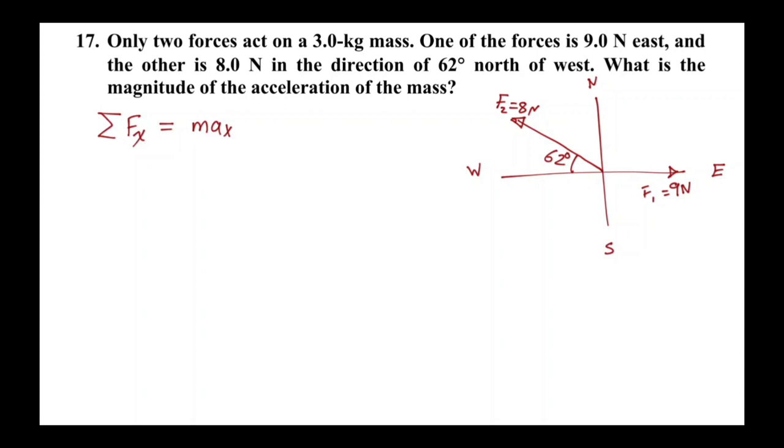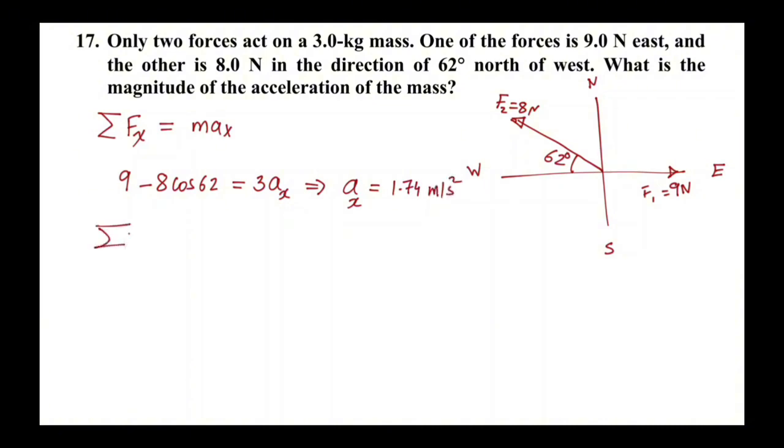So in this case it's equal to 9 minus 8 cosine 62, and this equals the mass, 3, times a_x. From this, a_x equals 1.74 meters per second squared.